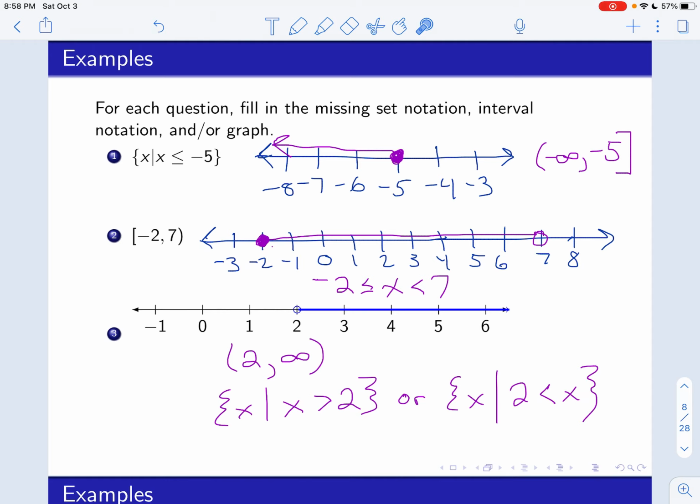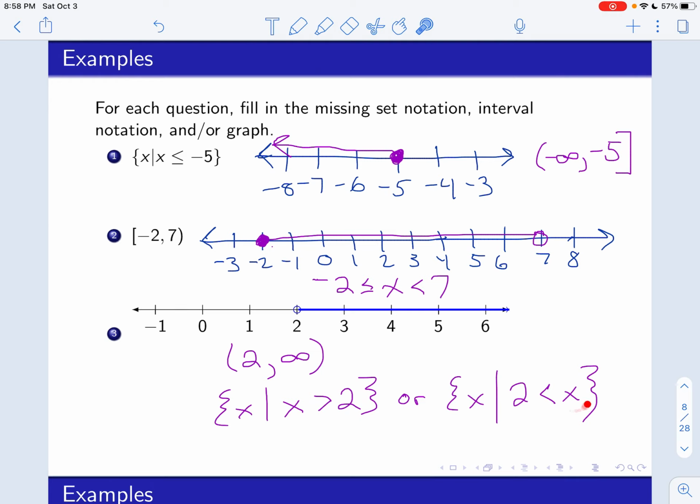So x greater than 2 and 2 is less than x. They mean the same thing, but we generally find it easier to think about it when we write x greater than 2. So I would encourage you, anytime you end up with something like this as your answer, to change it around. Just flip your inequality. When I was in middle school, I think I called this an alligator mouth. And the open side of the alligator mouth always went towards the bigger number.